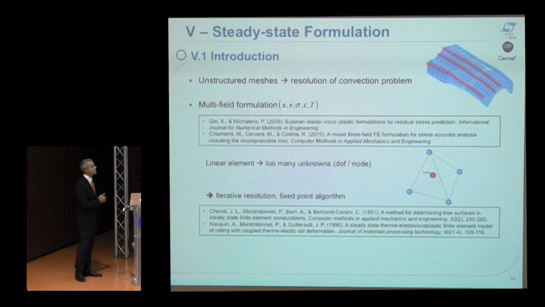They could be solved simultaneously using different approaches that can be found in the literature, but as we are using a simple linear element, this would bring too many degrees of freedom per node, and then we would lose the interest of such an approach. So in our case, we are going to solve these different equations in an iterative way using a fixed point algorithm.